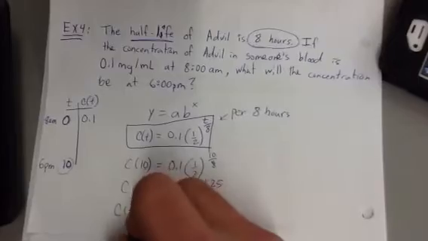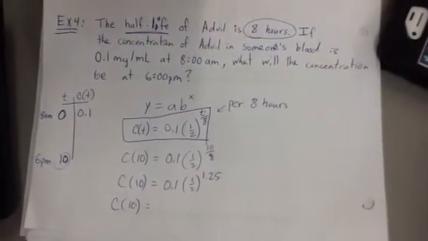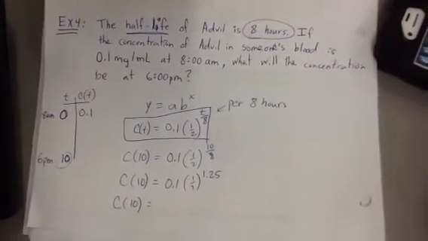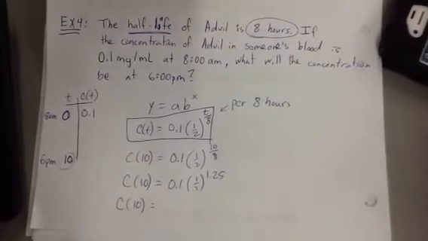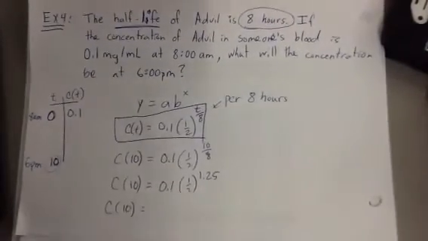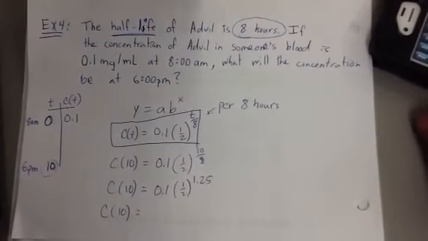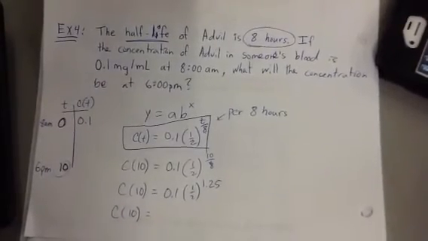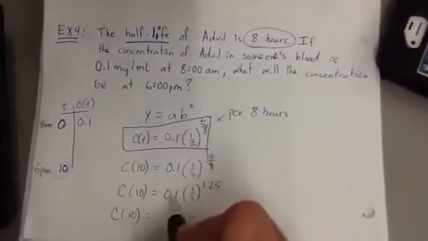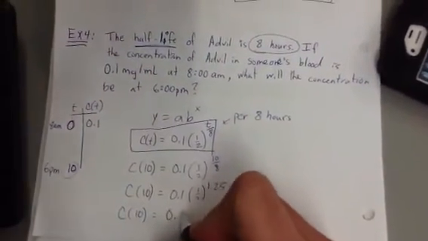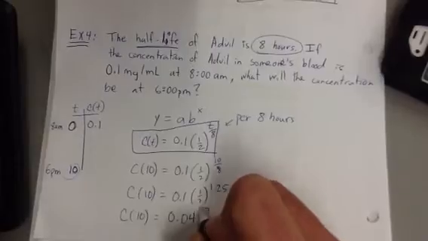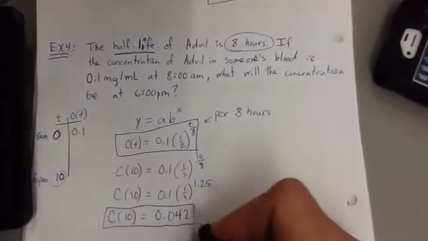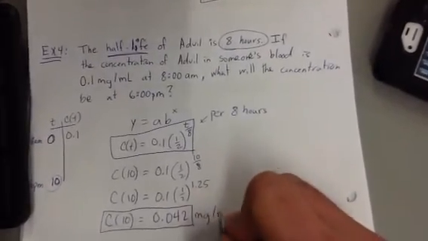So you go 0.5 to the power of 1.25, and then you multiply that by 0.1. And you should get roughly 0.042. So after 10 hours, you will only have 0.042 milligrams per milliliter left in the bloodstream.